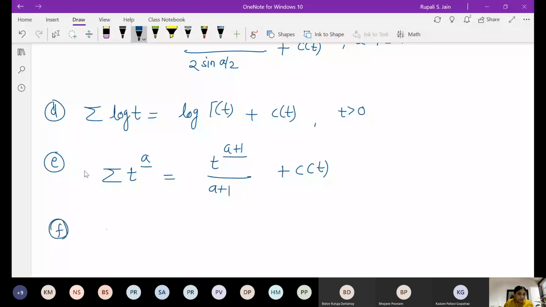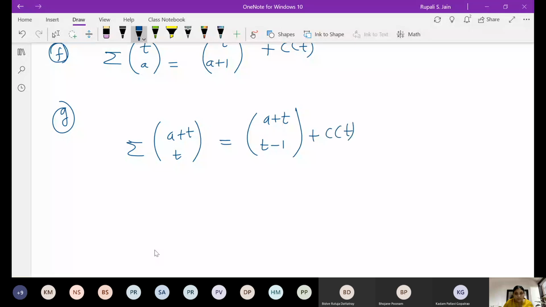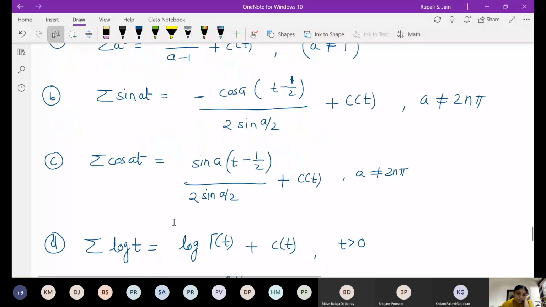F, summation TCA is nothing but T a plus 1, TCA plus 1 plus C of t, and last one is G, summation a plus t is nothing but a plus t minus 1 plus C of t. Okay, so all this we have to prove, or already we have proved, just we have to check it.